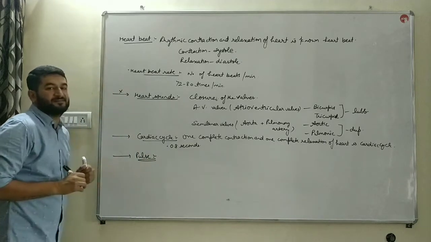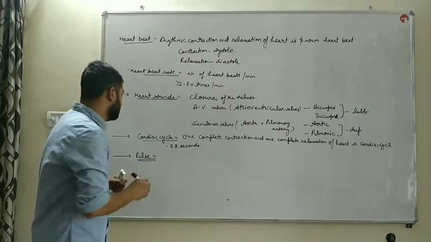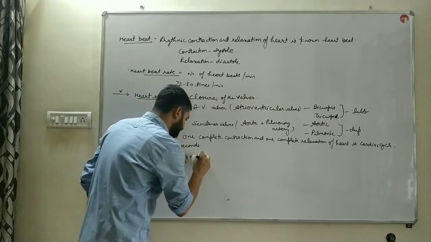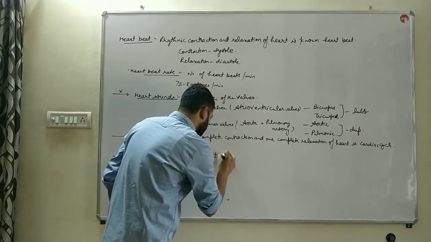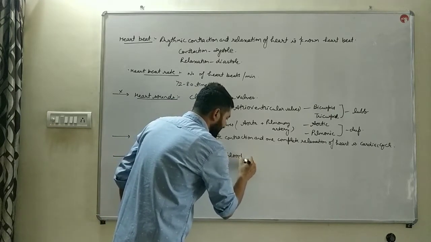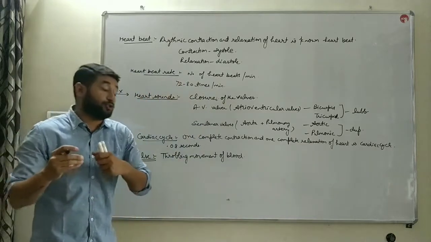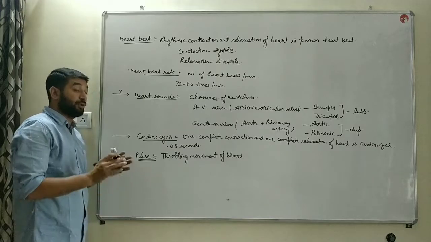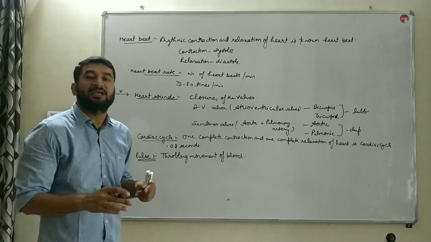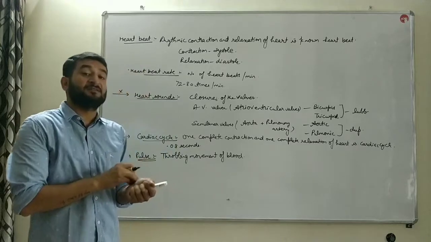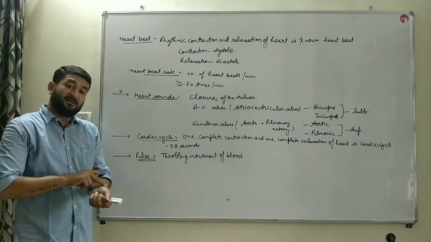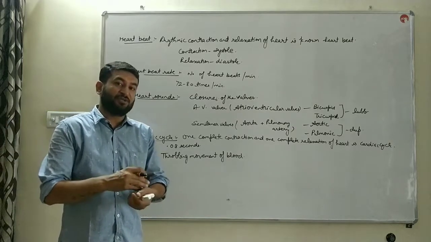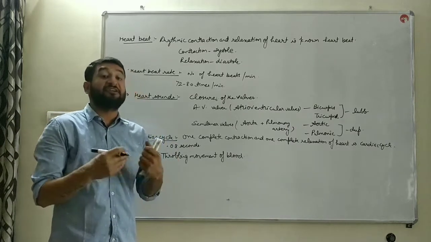Then we'll discuss pulse. What is the pulse? Throbbing movement of blood when blood is pushed into the arteries is known as pulse. That throbbing movement is felt in the form of a throb near the arteries which are not very deep, which are usually radial arteries.